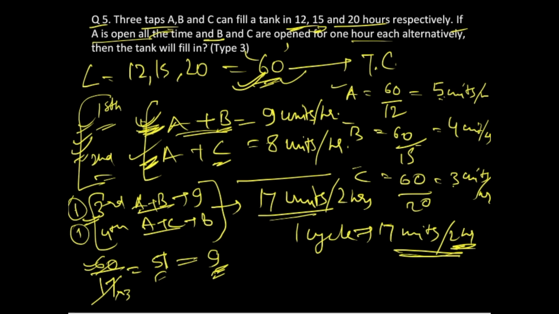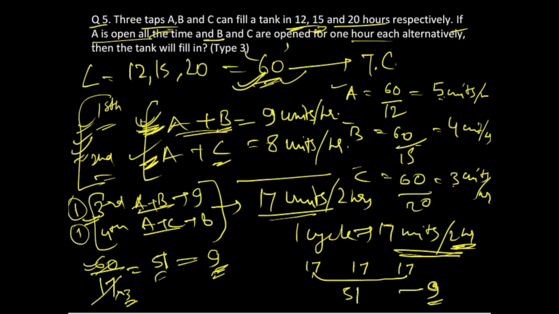So 51 units are going to get filled after repetition of 3 cycles. In the first cycle 17 units will be filled, in the second cycle 17, and in the third cycle again 17 units. Combinedly they have completed 51 units of the tank. There is going to be 9 units remaining, right? So this is what we have obtained until now.